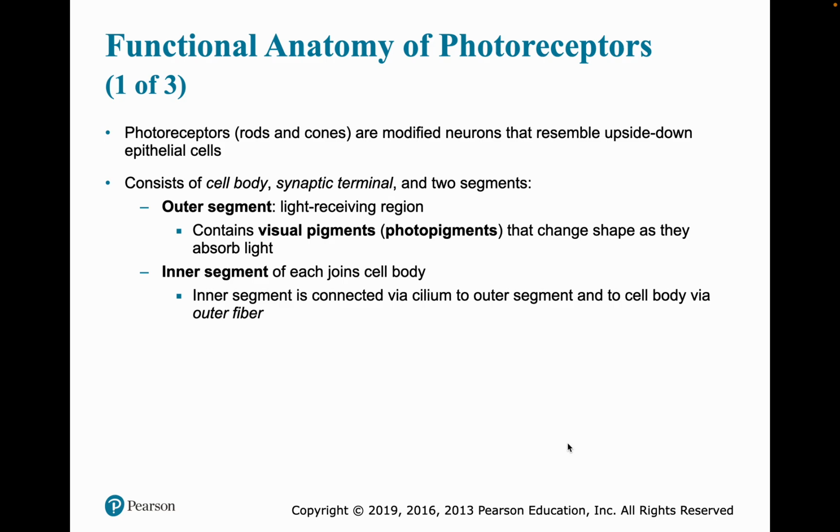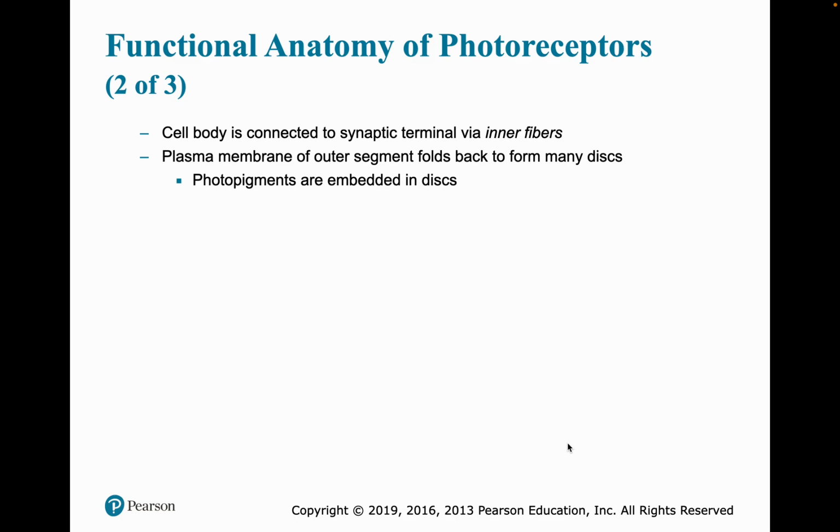The inner segment is connected via cilium to the outer segment and to the cell body through the outer fiber. Cell body is connected to the synaptic terminal through the inner fibers, and the plasma membrane of the outer segment folds back to form many discs. Those photopigments are embedded within the discs.